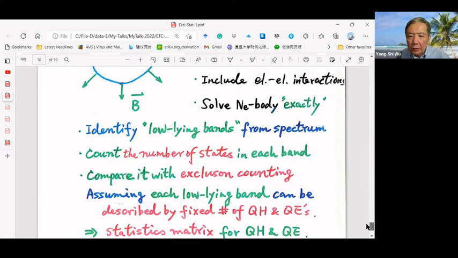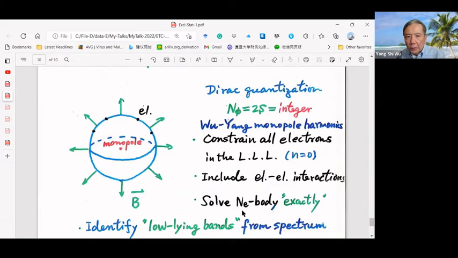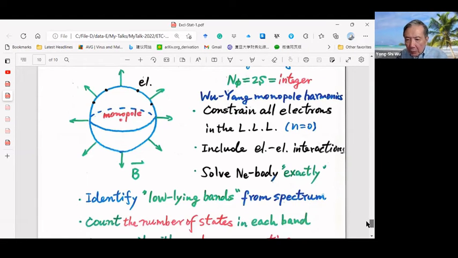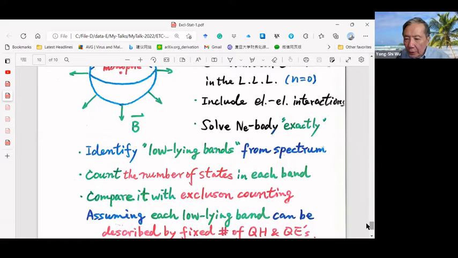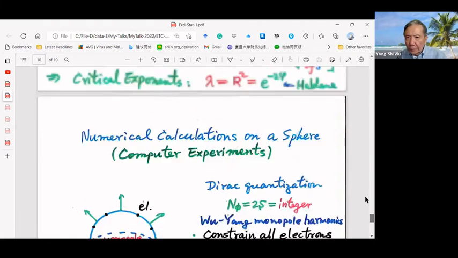Okay, now in this case, the numerical computation is done on a two-dimensional sphere. We put a quantized monopole at the center of the sphere surface. Then we can consider the ground state, and the excited states would correspond to quasi-holes or quasi-electrons.